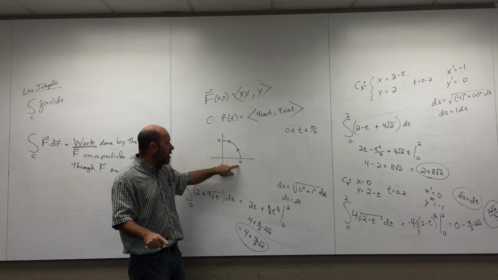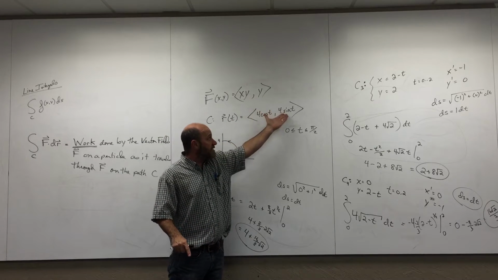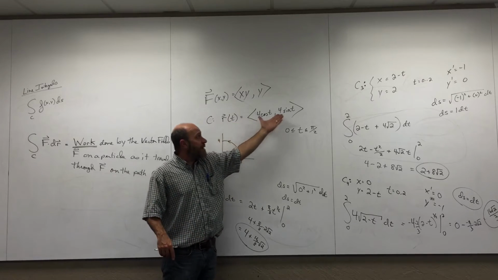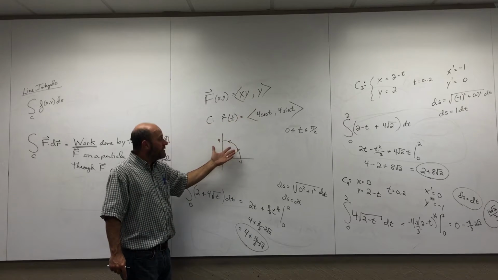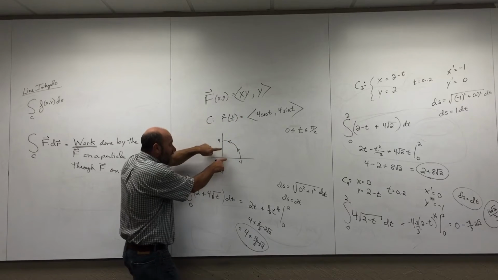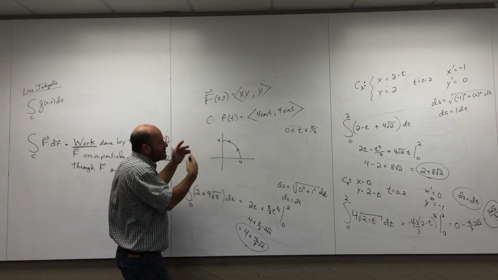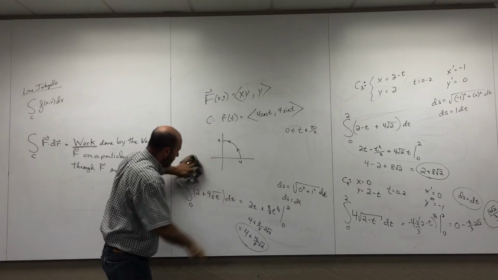It's radius 4, so I should parameterize it like this: 4 cos t, 4 sine t. And if you're only going a quarter of a circle, the amount of t you need is 0 to pi over 2. So maybe I give you the picture and make you parameterize it. That's what I like to do. But this one, they kind of gave it to me already parameterized.